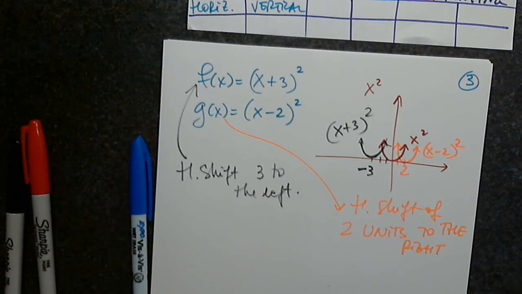I don't want you to memorize. Students sometimes ask, oh, good, so if it's x minus 2, it's to the right, and if it's x plus 3, it's to the left. Yeah, that's fine. But what you should remember is I'm looking for the x-intercept when I shift left and right. It has to stay on the same horizontal, on the same y equals 0. That's the x-intercept, y equals 0. So if it was at 0, then x minus 2 has to go to 2.